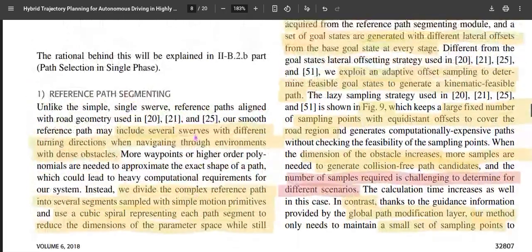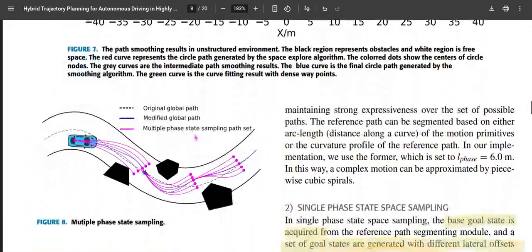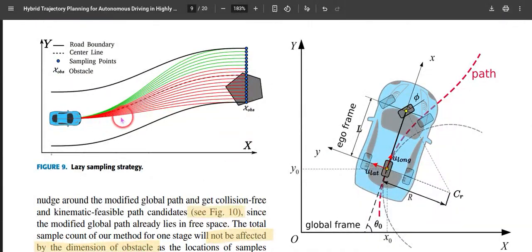But what they are claiming is that if it is a single stage, it is subjected to problems in avoiding tight-constraint obstacles. We have to generate a varying number of trajectories. For example, in free space, a fixed number of trajectories would be sufficient.